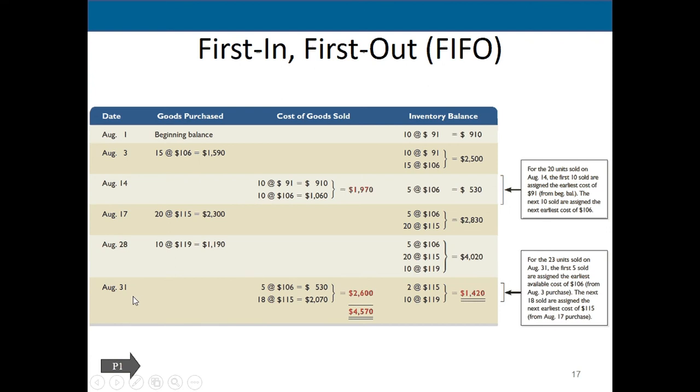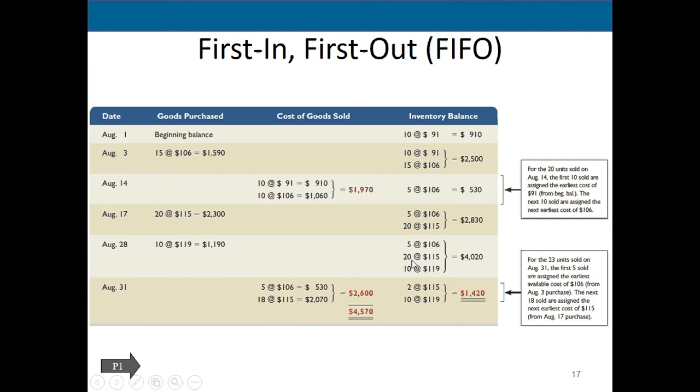What happens on August 31st? I sell 23 units. The FIFO assumption says that I sold the oldest units first, so I must have sold these 5, and then the remainder had to come from the $115 price units. The remaining 18 came out of that $115 for my total cost of goods transfer. What does it leave me?